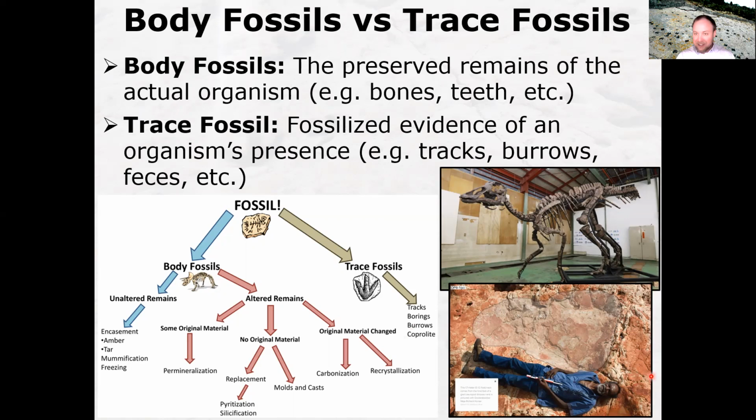Here's a very large dinosaur footprint with a person there for scale. This is in Western Australia. This is a sauropod footprint, and you see just how big these things are. And we can learn things from the size of the footprint, the depth of the footprint, the width of the footprint, the spacing between the footprints. That's what we're going to talk about today.